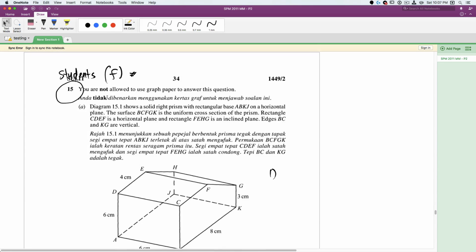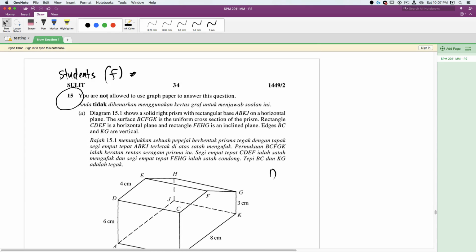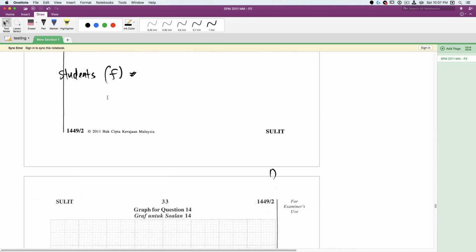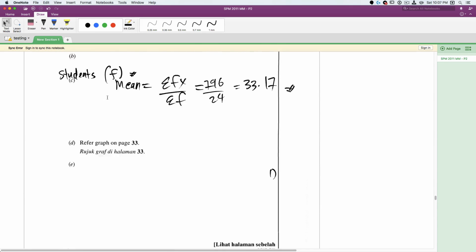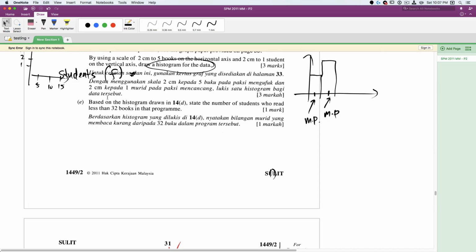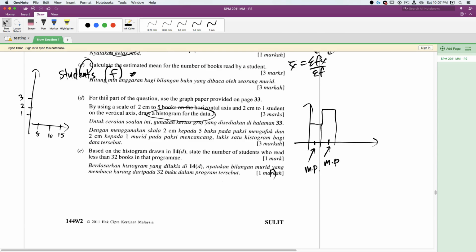Okay, for the 15, I think I will discuss with you next week. Yeah, sir, the question D, we still have D? Oops. Yeah, we still have D. I mean E. Based on the histogram, state the number of students who read less than 32 books.